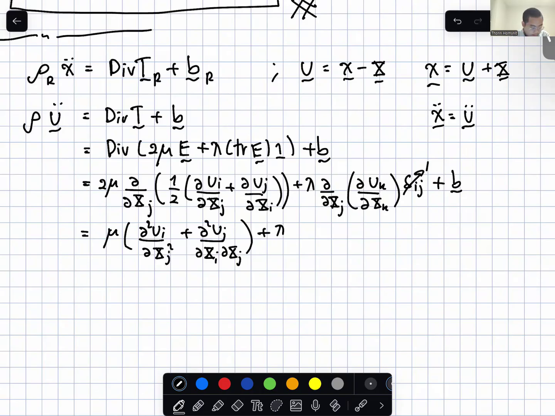So I just contract it, and it's going to be the partial derivative of uk twice with respect to xi, because I contract with j, right, and xk, plus the b. Okay.